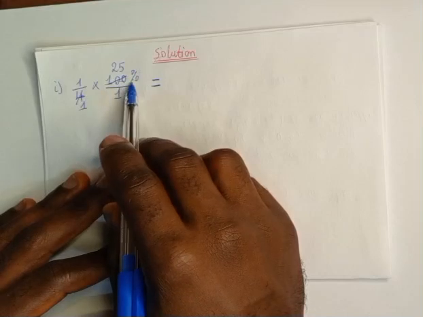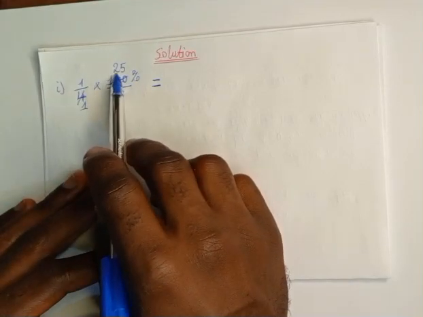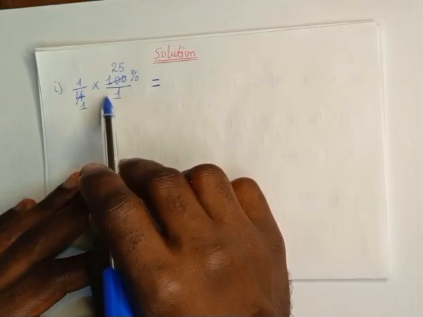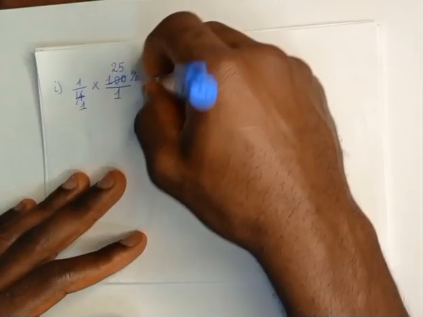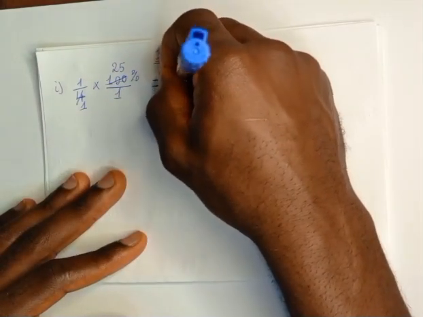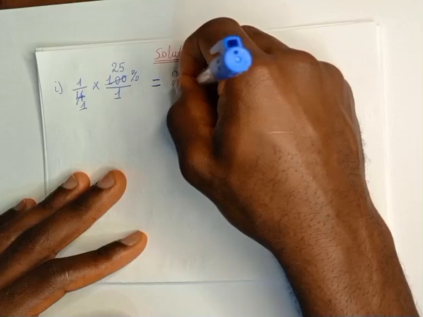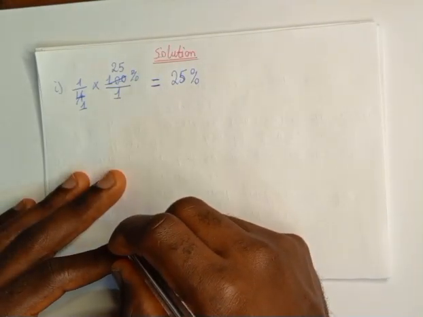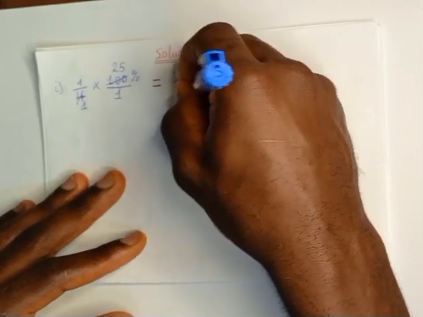The percentage sign will stay. We will simply be left with 1 times 25 at the numerator, which is 25, over 1 times 1, which is 1. This will give us 25 over 1, which is simply 25. We write down the 25. Then we attach the percentage sign. Therefore, 1/4 as a percent is simply 25%.